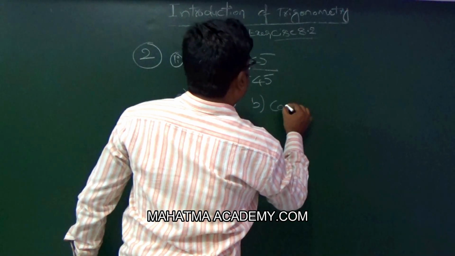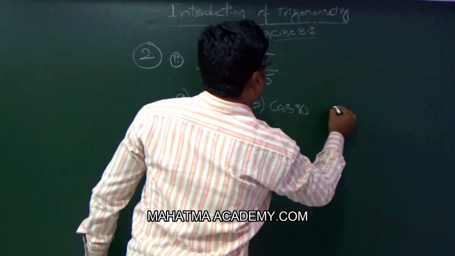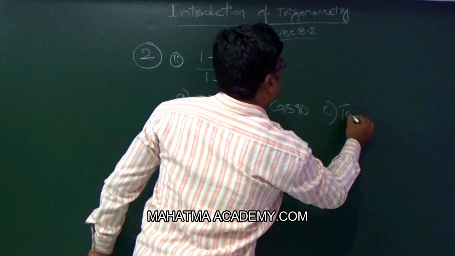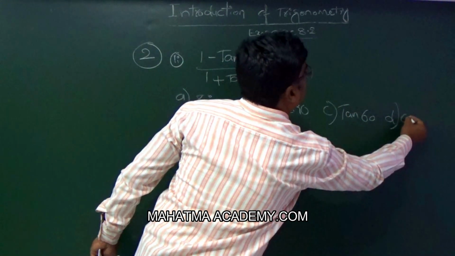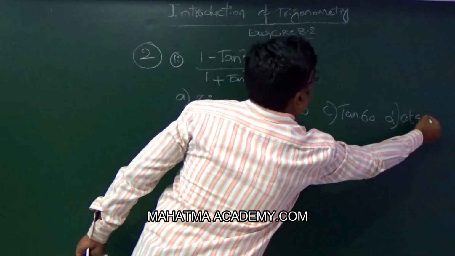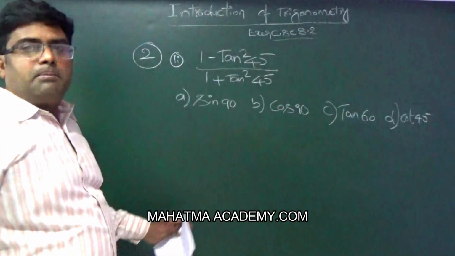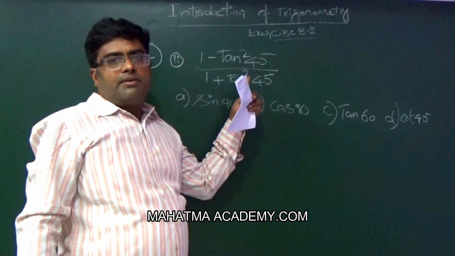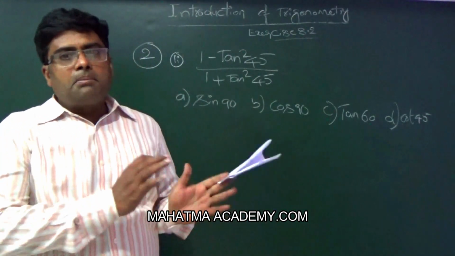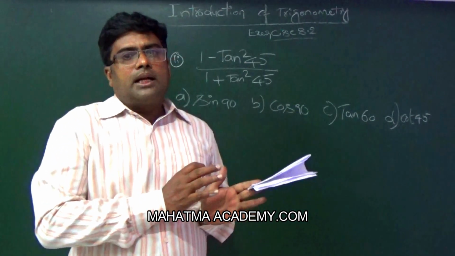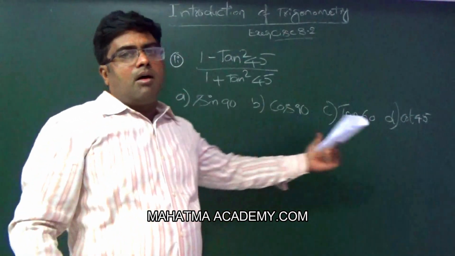Second option is cos 90. Third option is tan 60. Fourth option is cot 45. Okay, simply substitute the tan 45 value in the above equation. So we will get the value. That value we compare with these options.